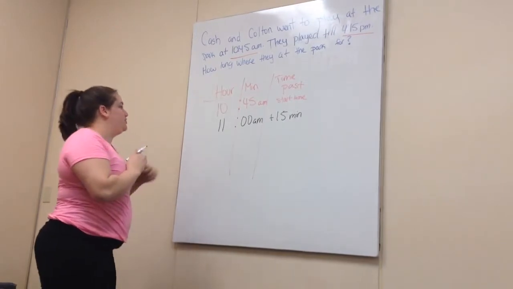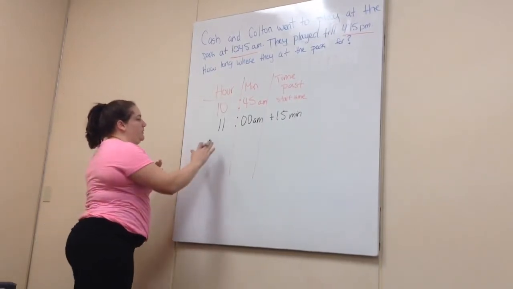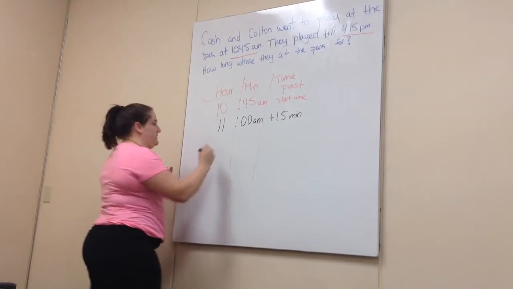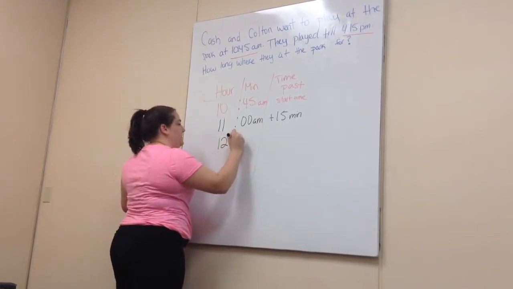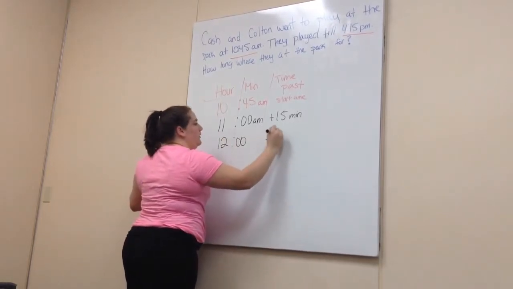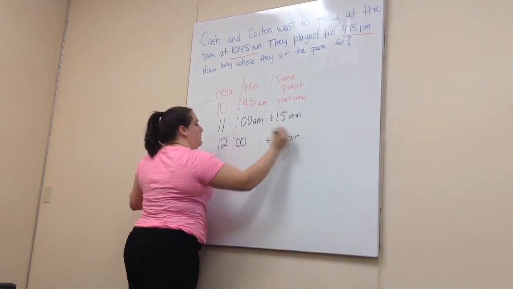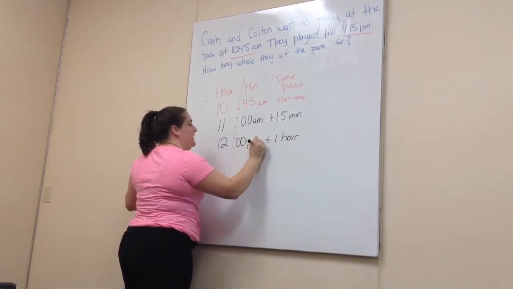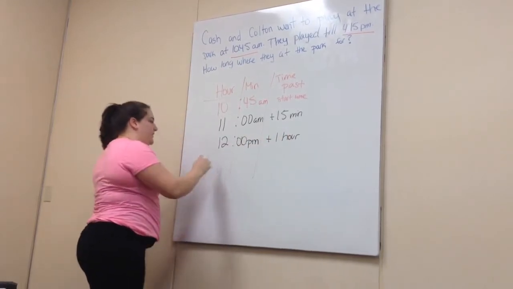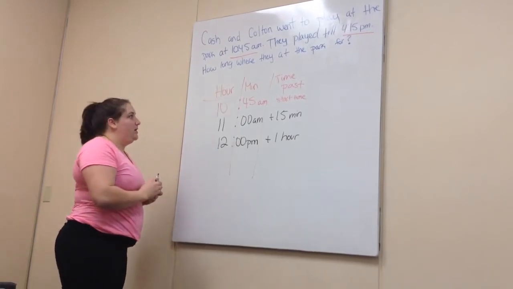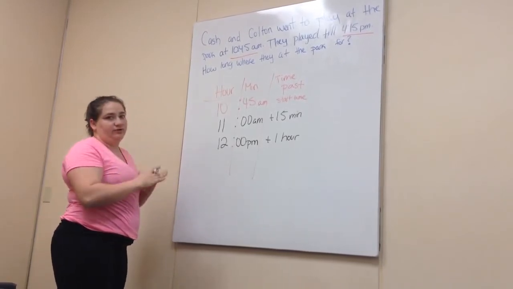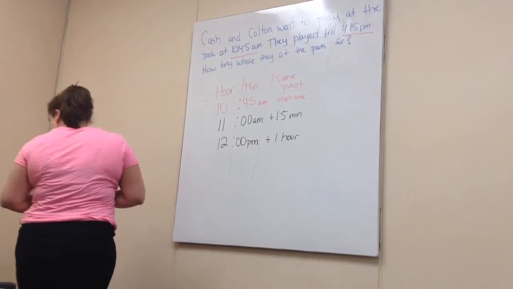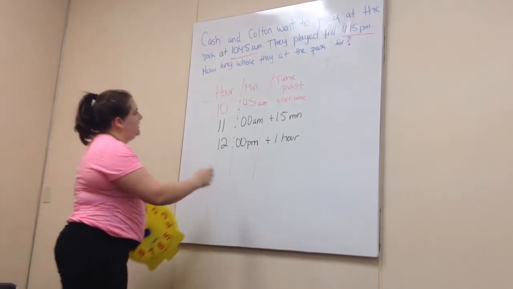So now we want to make sure we're going to get to noon, so that way when we do the transition, it's going to be different. So we're going to go to 12, which is going to be 1 more hour. And that's going to be p.m. Now because we cannot go from 12, 13, 14, which most students have trouble with.